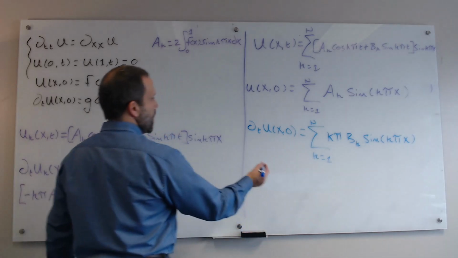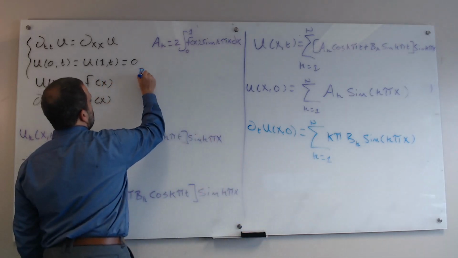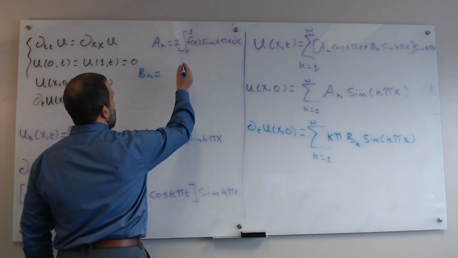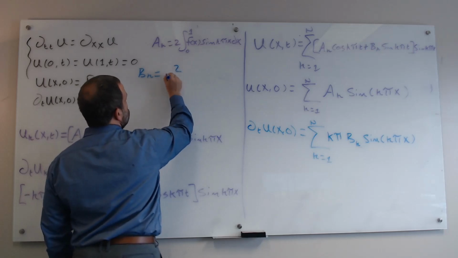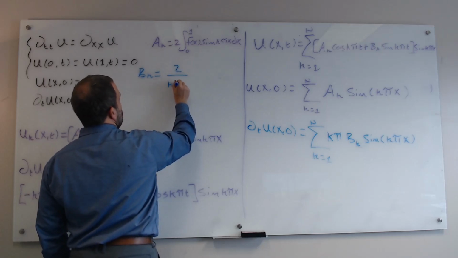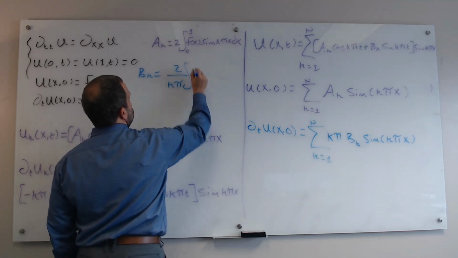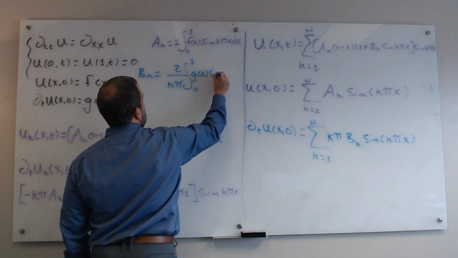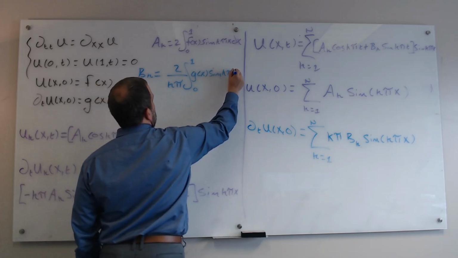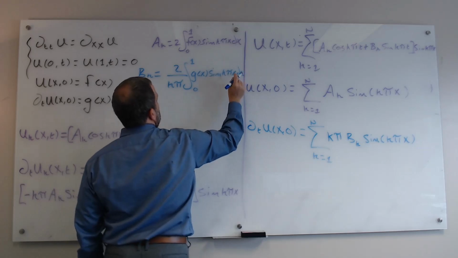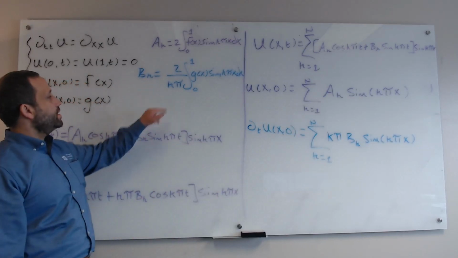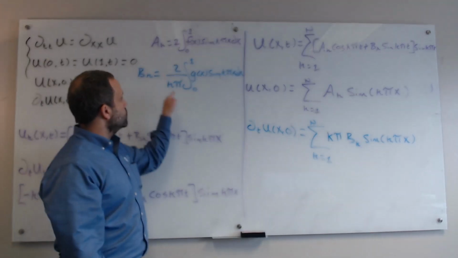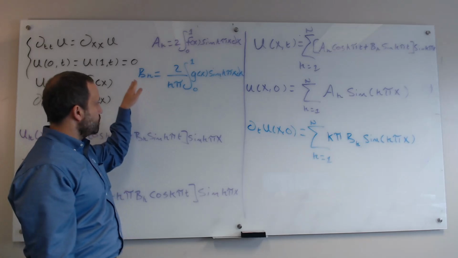Well, if I pick bk to be equal to 2 over k pi times the integral from 0 to 1 of g of x sine k pi x, really what I'm saying is I want k pi bk to be equal to 2 times this integral, but I want to solve that for bk, so I get this.